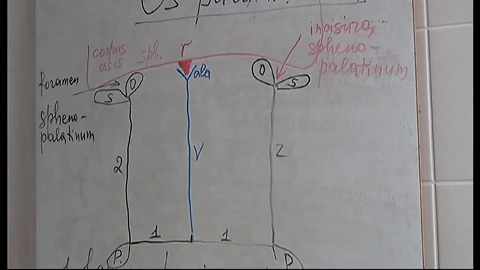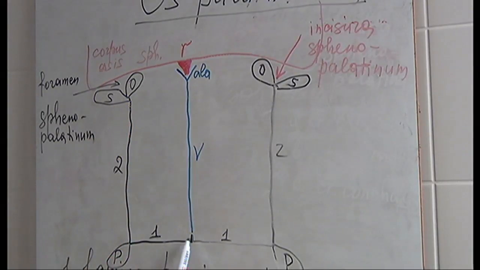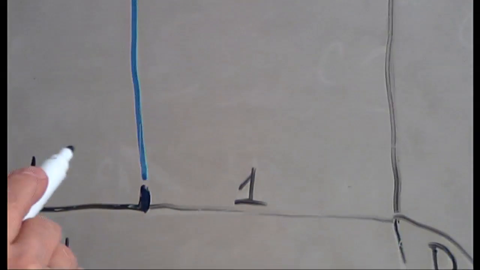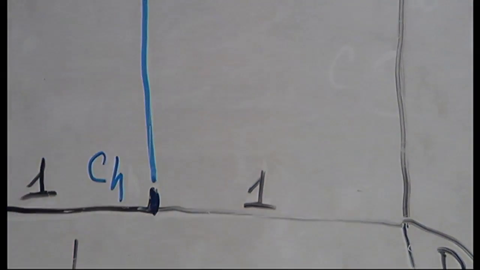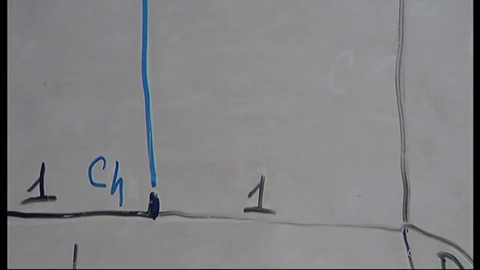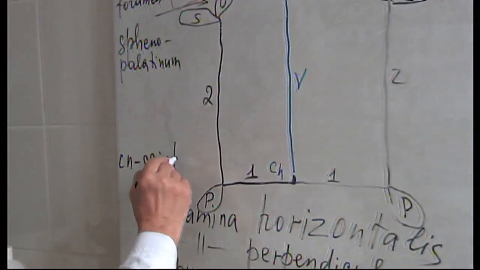But there are again some details. For example, we can find here that letter L has such a small crest, which is named CN, crista nasalis.